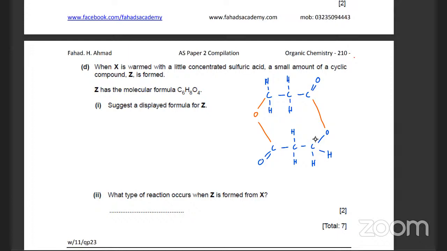And that's your displayed formula. When you talk about the displayed formula, you show all the atoms and all the bonds. And it's a condensation reaction. So just remember, whenever esters are formed, you've got a carboxylic acid and you've got an alcohol. The OH is lost, the H is lost, and water gets removed. And the double bond O links up with the oxygen from the other group.